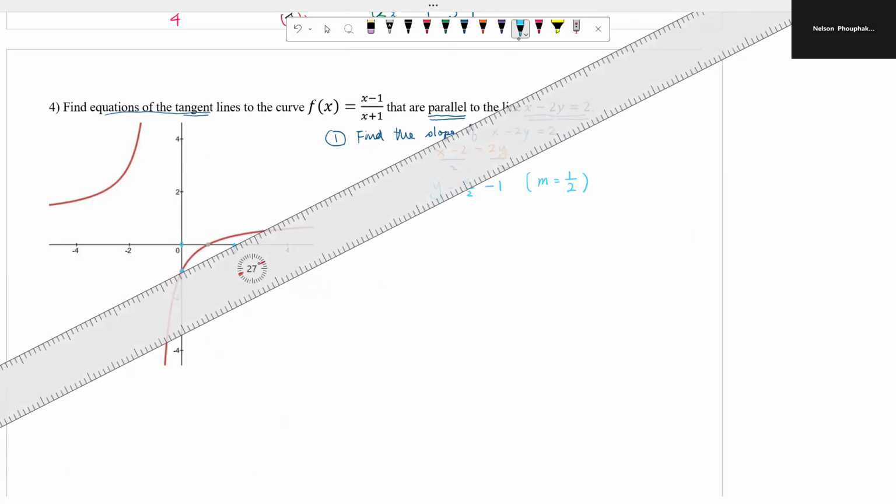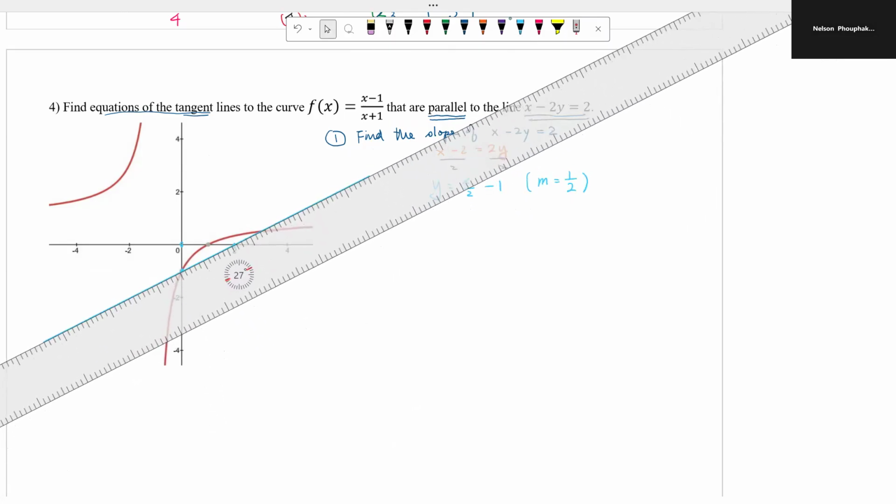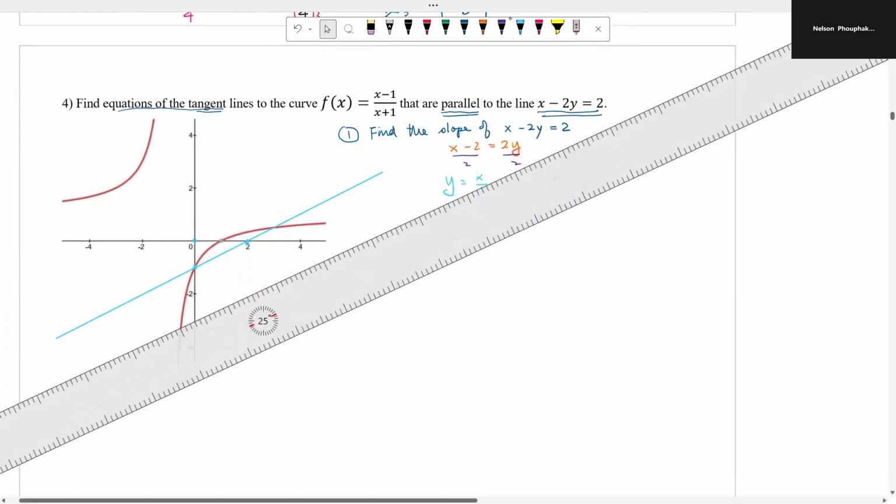Then basically I will be able to connect them together. Then you will find out that this one is the function y equal to x over 2 minus 1.